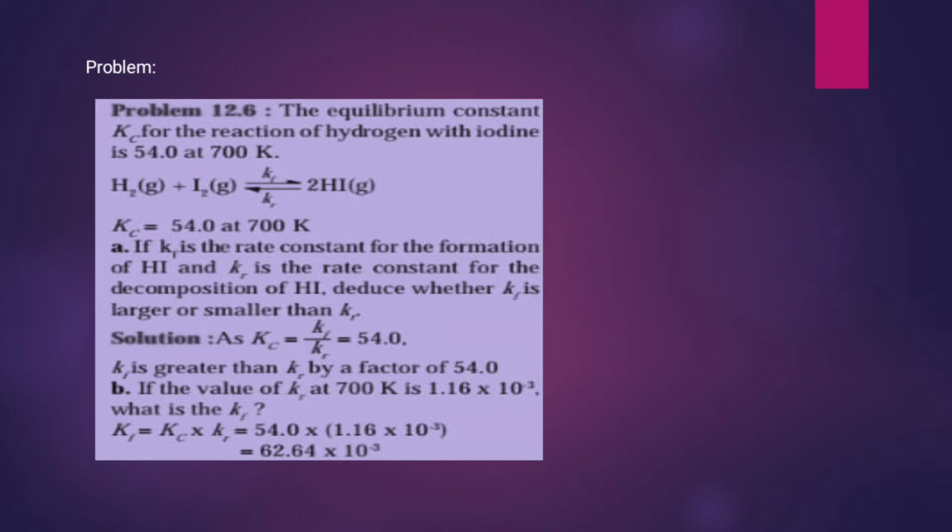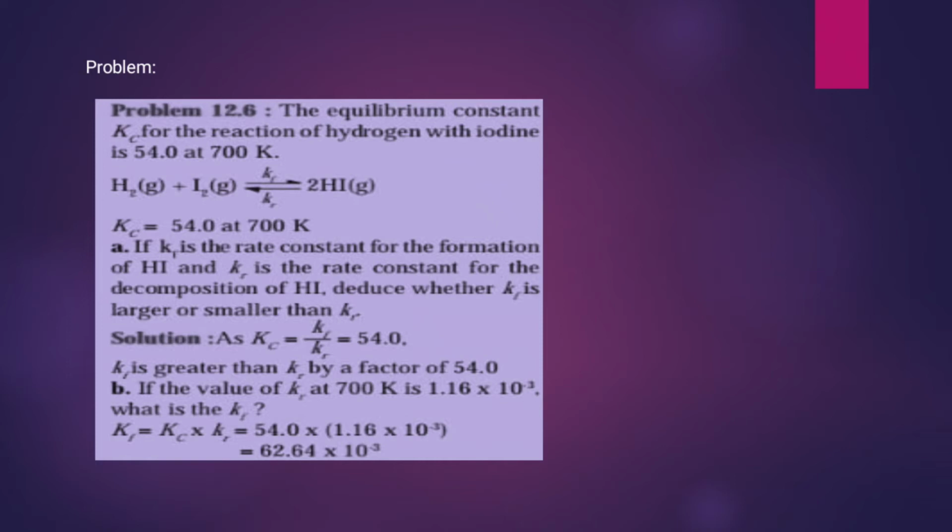Next, if the value of Kr, that is the rate constant for the decomposition of hydrogen iodide, at 700 Kelvin is 1.16 times 10 raised to minus 3, then we have to calculate Kf, the rate constant for the formation of hydrogen iodide.